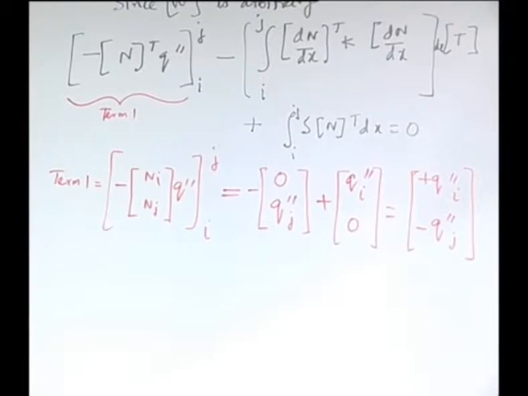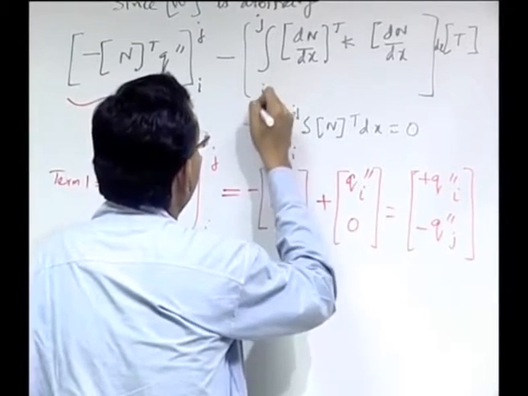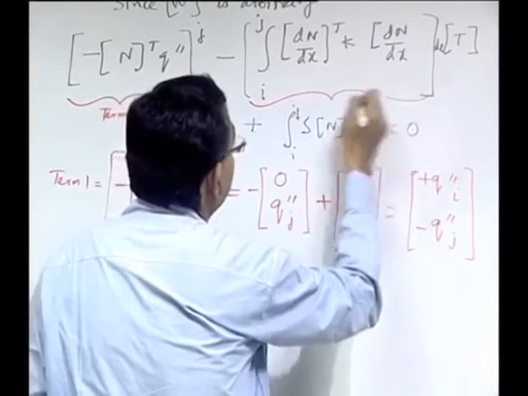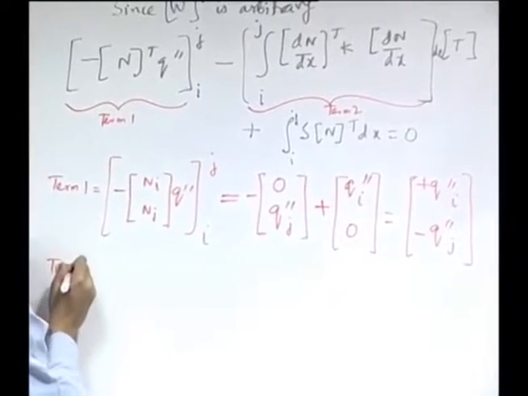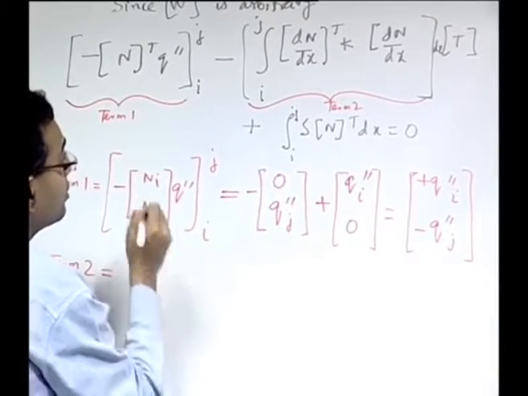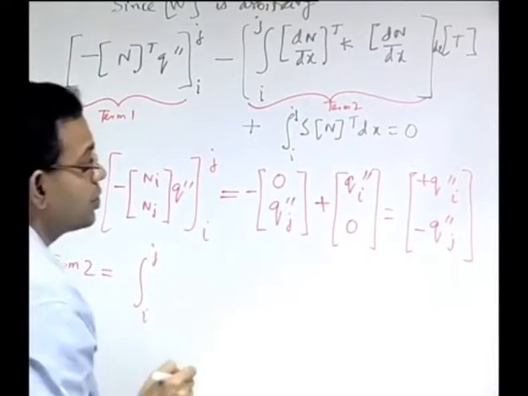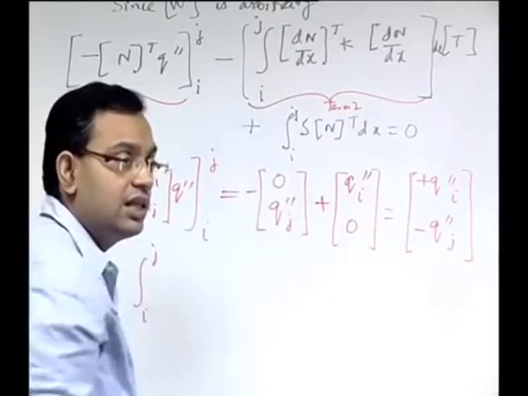Okay. Then let us consider the term 2, excluding the minus sign. So term 2, integral I to j dn dx transpose. What is dn dx? dni dx and dnj dx.